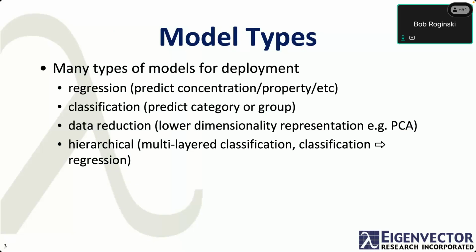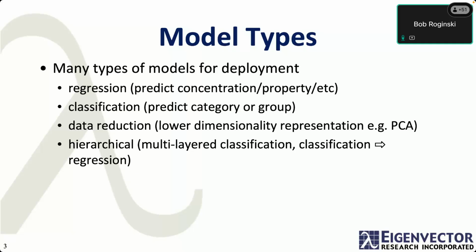Data reduction can be particularly helpful for statistical process control, where we're now going to look at a lower dimensionality representation. An example of that would be PCA. What I mean by that is, if I collect a spectrum of a sample and my acquisition parameters are such that there are 1,000 data points per sample, it gets difficult to envision things in 1,000 space.